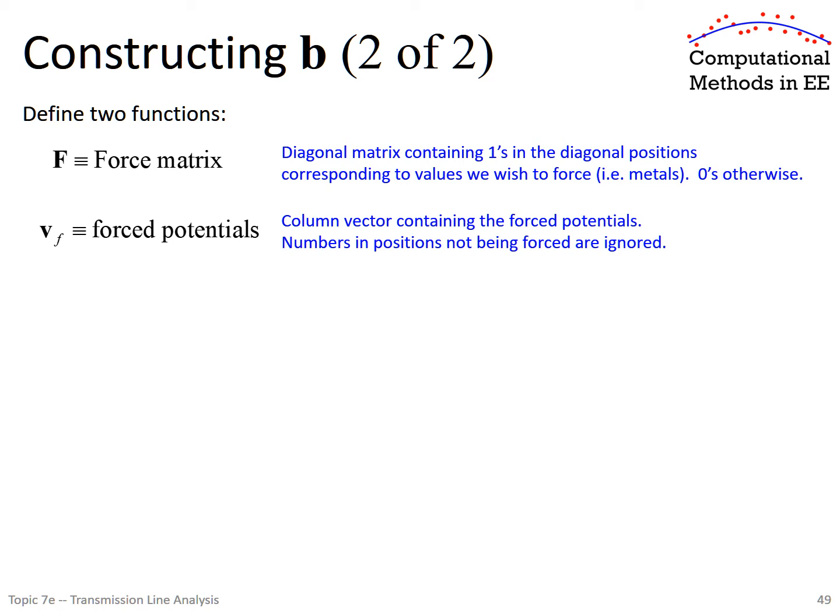So it's a map of where the metals are. And then the force potentials. This is the function we talked about earlier. That's all zeros, except where there's metals, we put a number there of the actual voltage we're forcing to. So the force matrix is just identifying where the metals are. That force potential function tells us the voltage that we're applying there. So there's a difference.